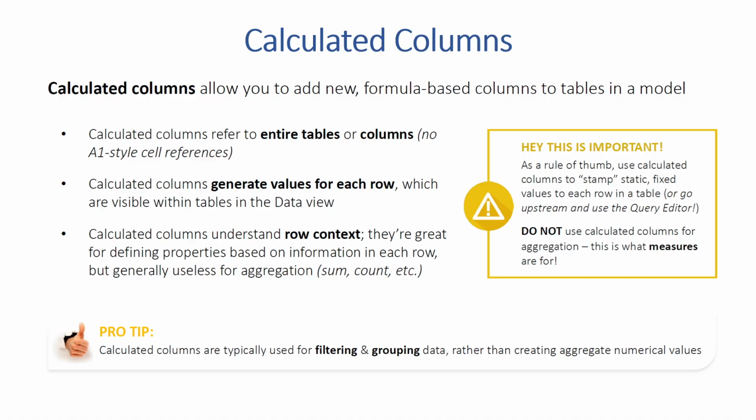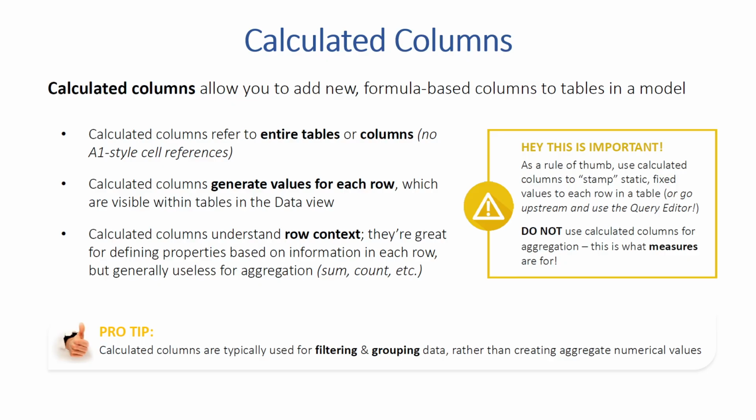A calculated column generates a value for each row within the table, visible in the row view. Calculated columns understand row context. They are great for defining properties based on the information in each row, but generally not used for aggregations like sum, count, average, etc.